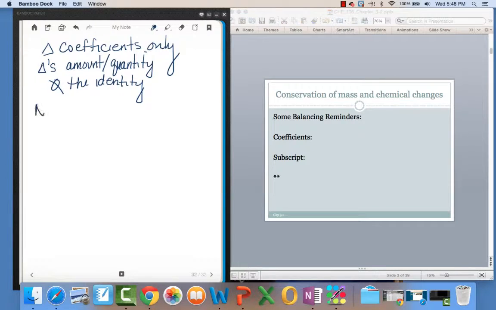We never change subscripts. Never, ever, ever, ever, when we're balancing an equation. Never change subscripts, because that changes the identity. So instead of H2O, we might have H2O2, which is clearly not the same thing.